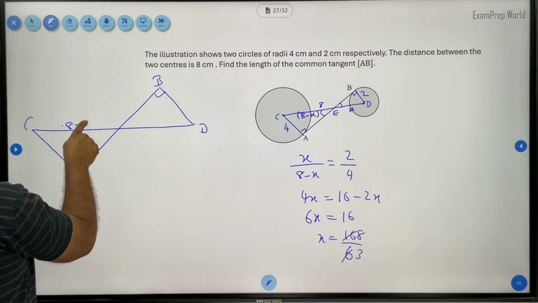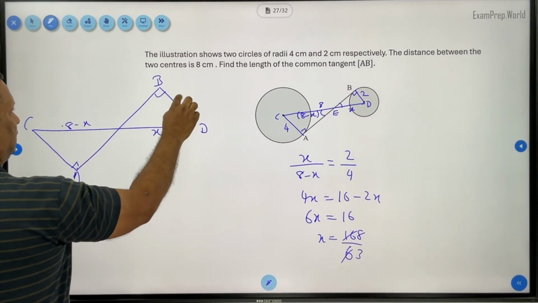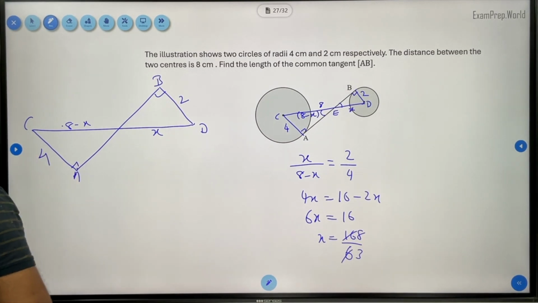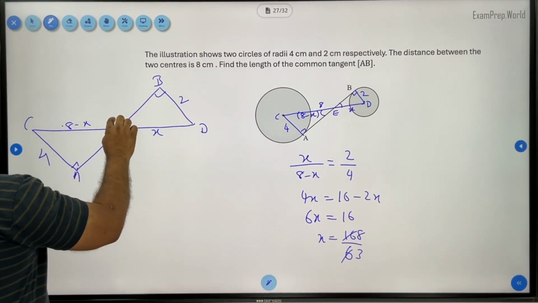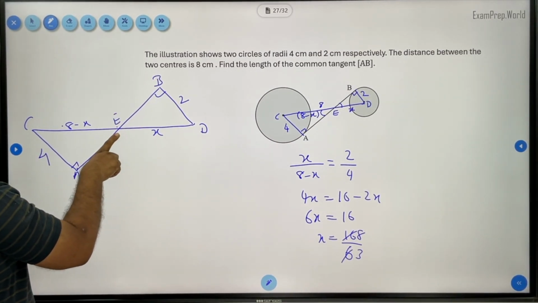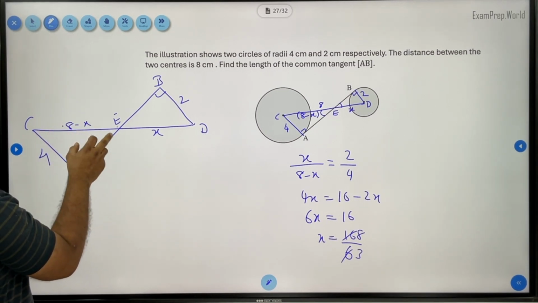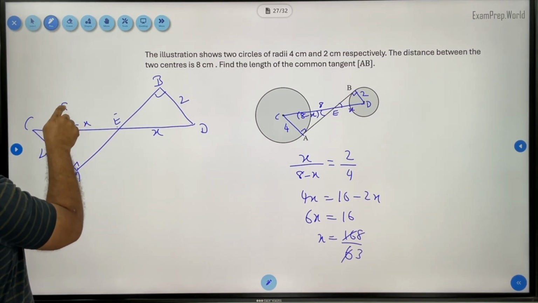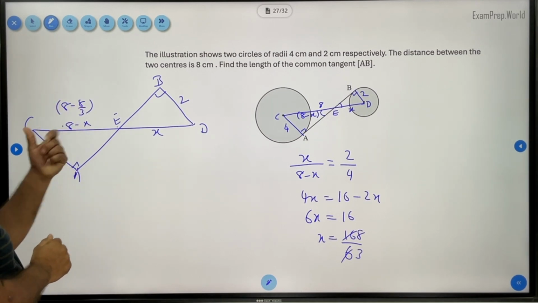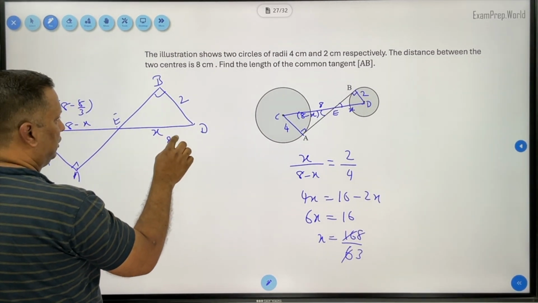This is 8 minus x, and this is x. This is 2, this is 4. Now this point was E. How do I find it? I have to use Pythagoras. 8 minus x, first we will write what is 8 minus 8 by 3. 8 minus 8 by 3 is this value, and x is just 8 over 3.